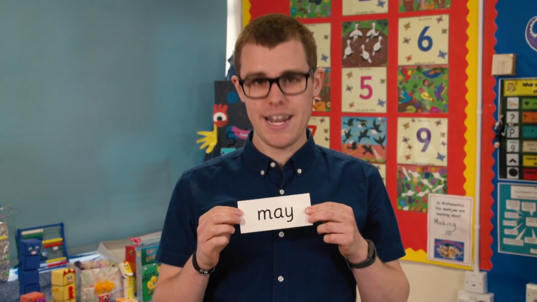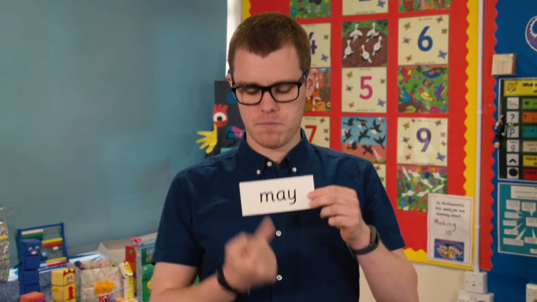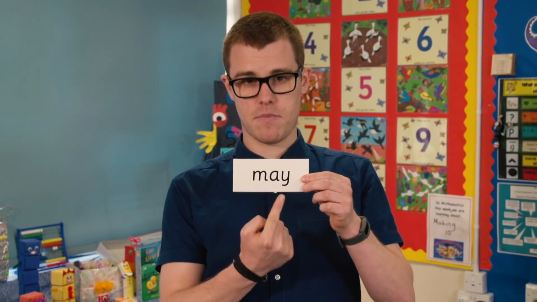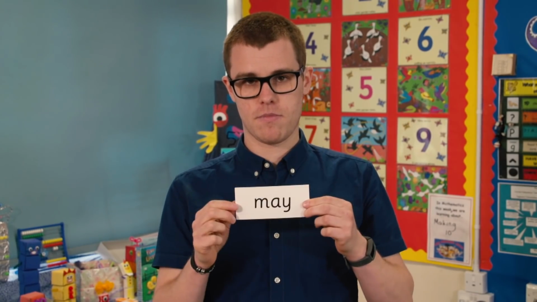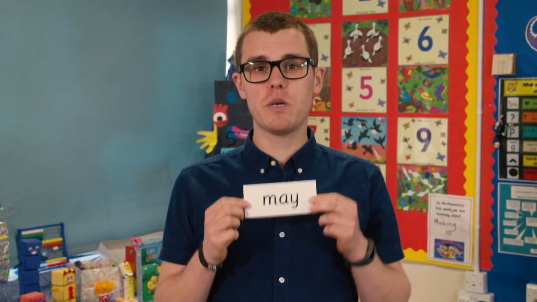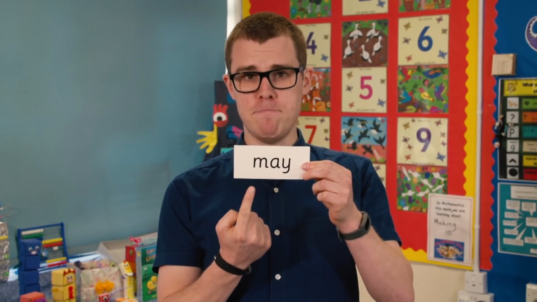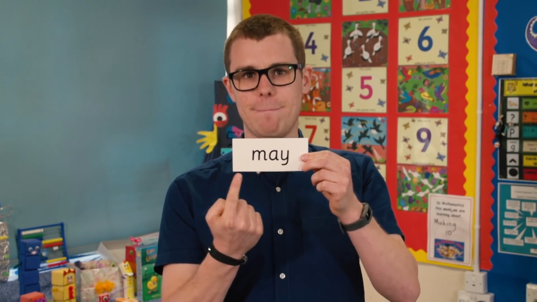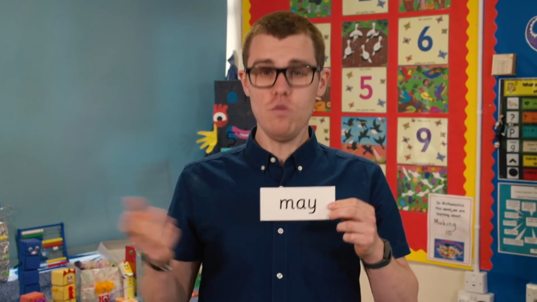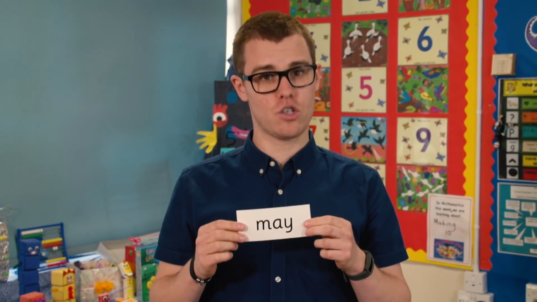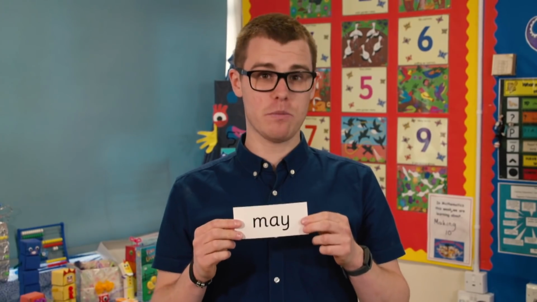Now, let's blend the sounds and read the word. Brilliant. Now I'll do it with you. A. May. We could use the word may when we ask a question. May I have some cake, please?